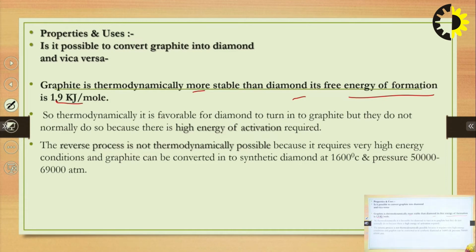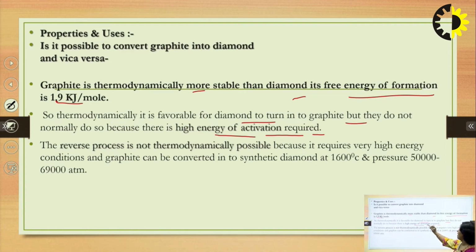It is the amount of energy liberated when graphite is formed, and since this energy is already liberated from the formation of graphite, it makes graphite very stable. Now thermodynamically it is favorable for diamond to turn into graphite, but it does not normally do so because a high energy of activation is required.